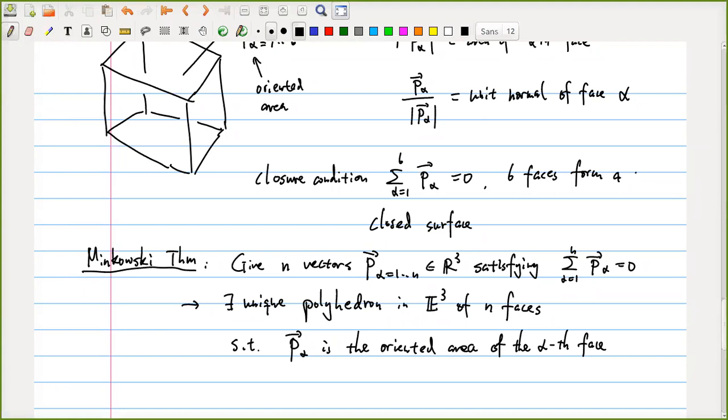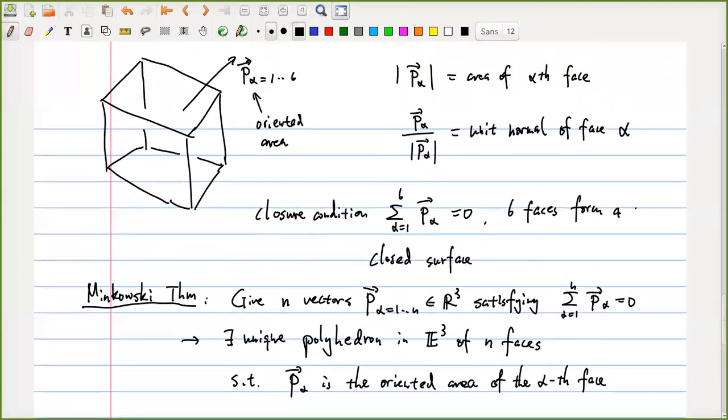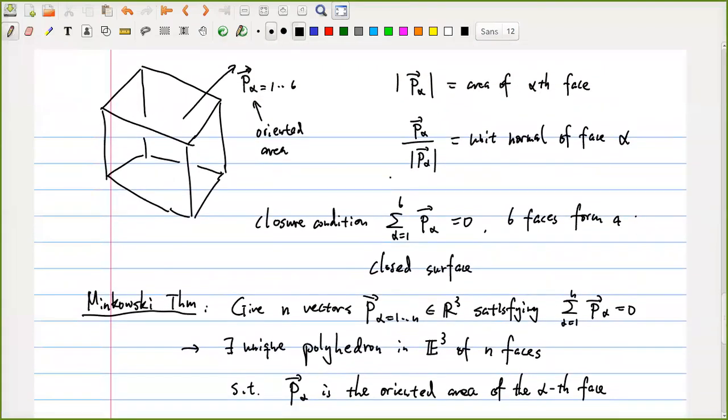So this is the statement of the Minkowski theorem. Here you can see that the closure condition and the geometrical polyhedron correspond one-to-one to each other.